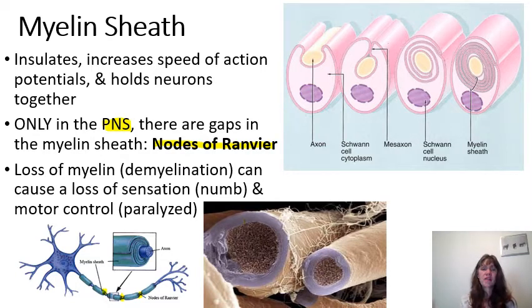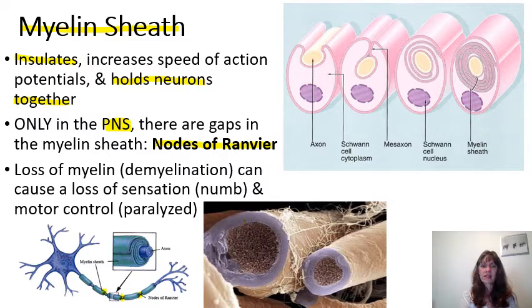The purpose of having a myelin sheath is that not only does it insulate the axon, it allows the action potentials, which are electrical impulses, to be transmitted faster along the membrane of the axon, as well as assists in holding neurons together.